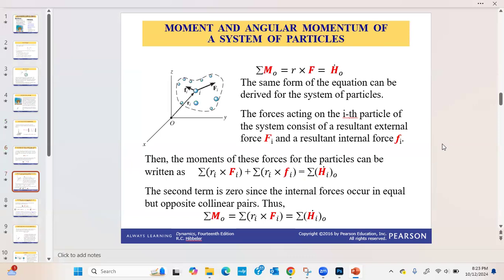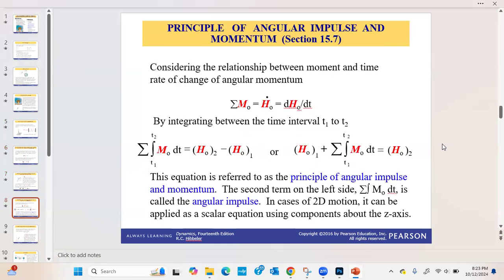This also works not just for particles like we've been talking about, but entire systems as well. And so we could find the R cross F for all of these individual particles, and that would give us the time derivative of the angular momentum. So that works out as well with a system, just as it did with an individual particle.